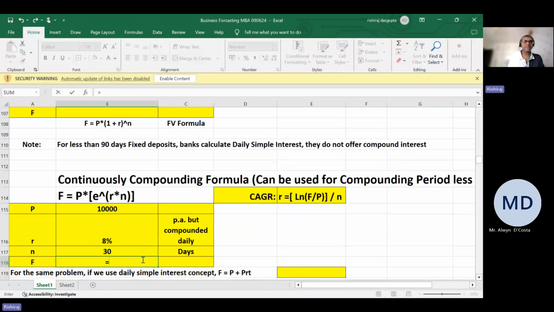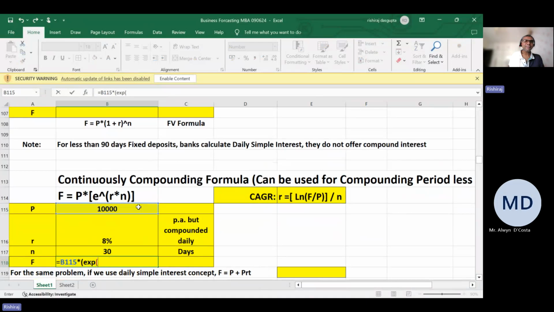Future value F is equal to P, 10,000, into within bracket e to the power. E is a mathematical constant. The Excel shortcut is EXP.